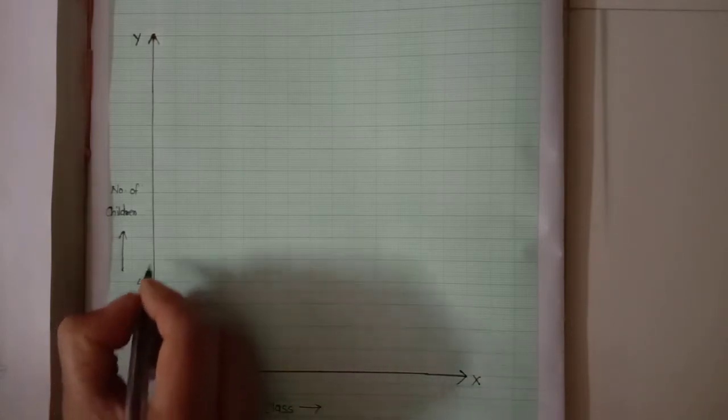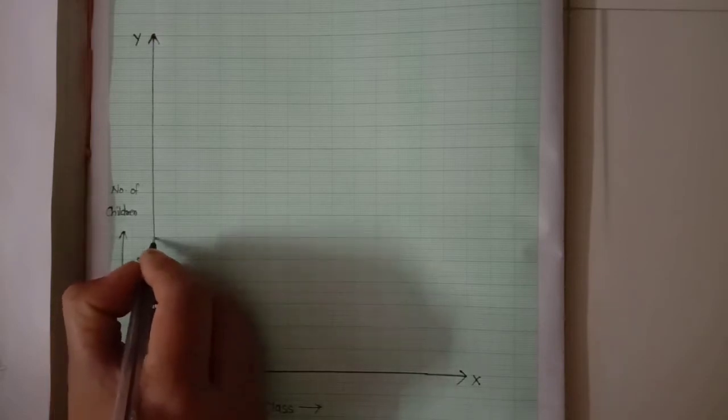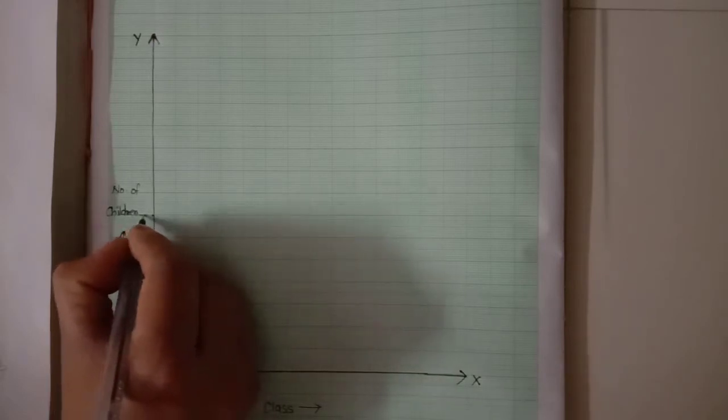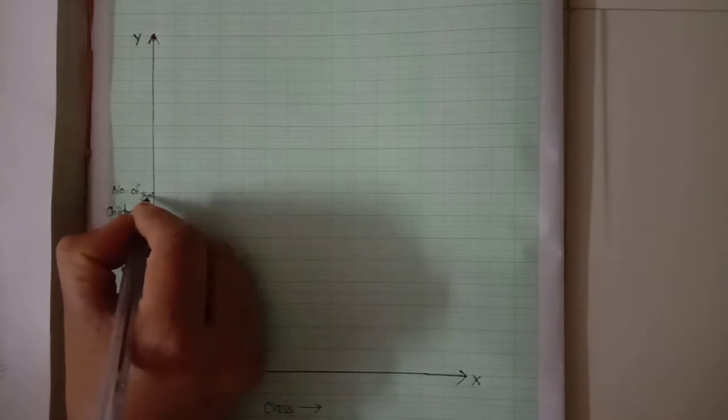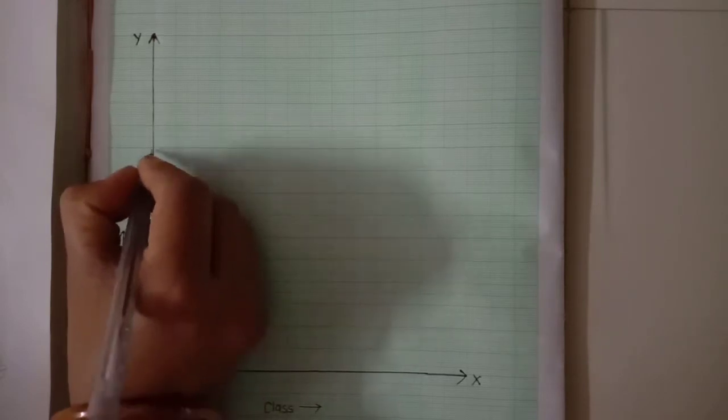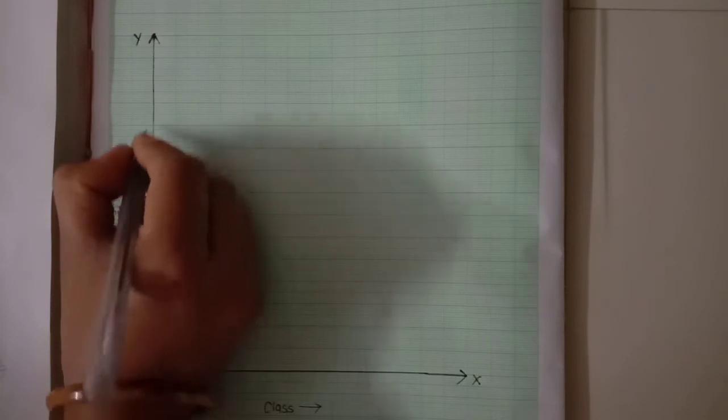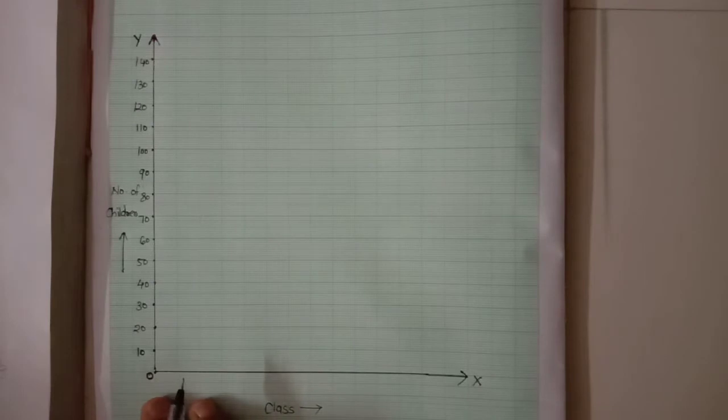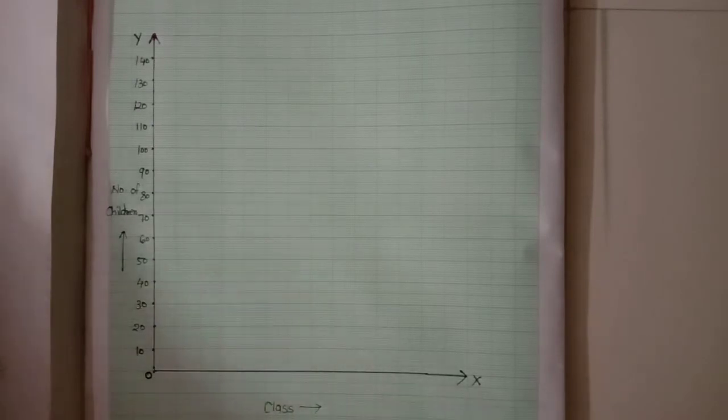Similarly we will proceed 40, 50, 60, 70, 80, 90, 100, 110, then 120, 130 and 140. We will take this scale up to 140 because the maximum number of children given in the book is 135.